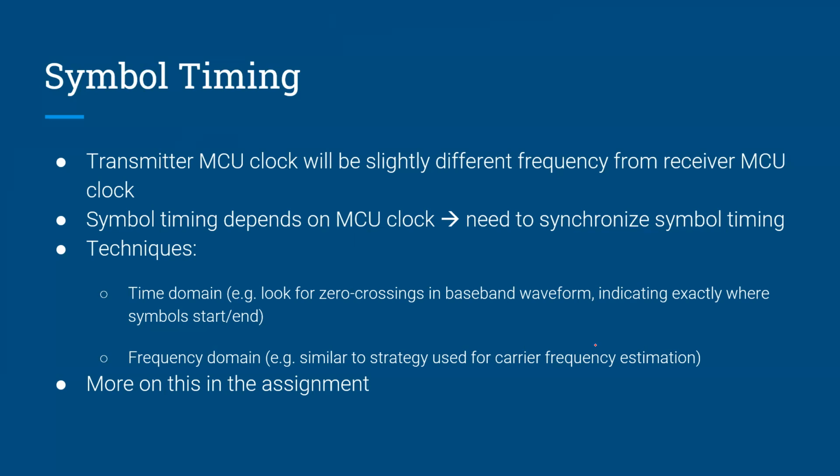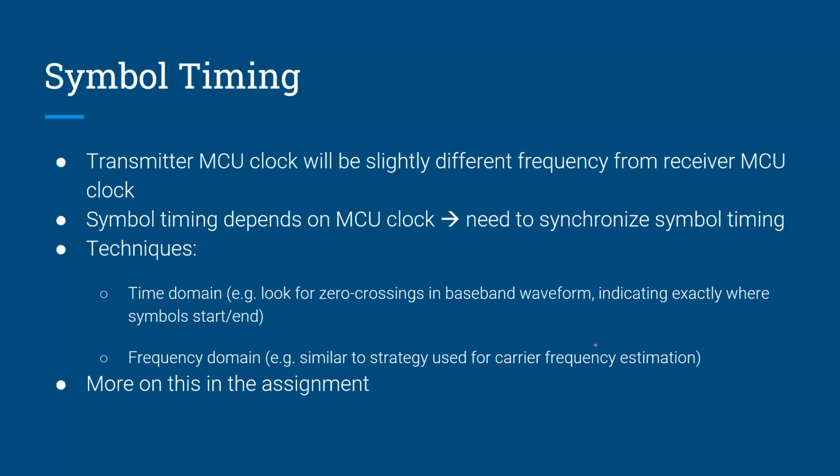And if you know, you can detect where those symbols occur, and that'll give you an estimate of the symbol timing. If you didn't want to do that, then you could look for when your baseband waveform crosses 0. So BPSK goes from 1 to -1. And so when it crosses 0, that's exactly in between two symbols. So you could take two consecutive 0 crossings and determine the symbol timing, or symbol period, from that.